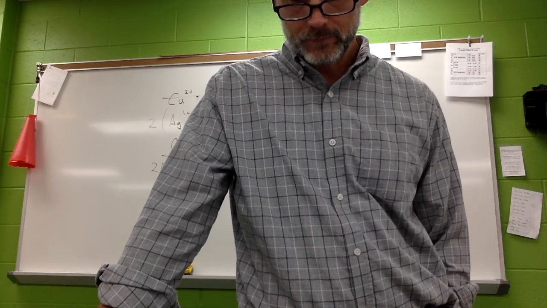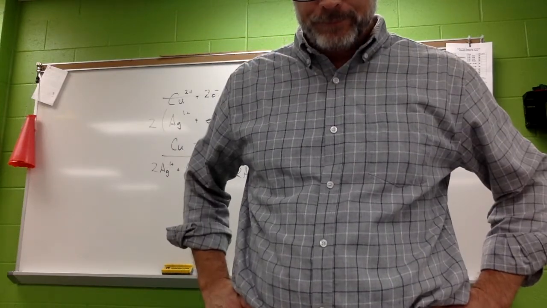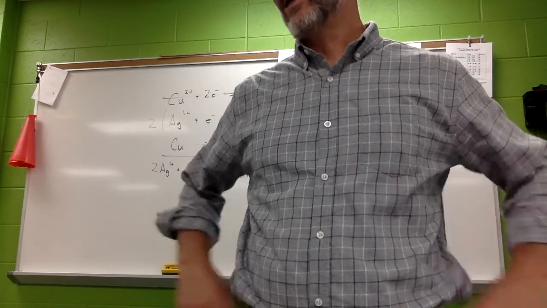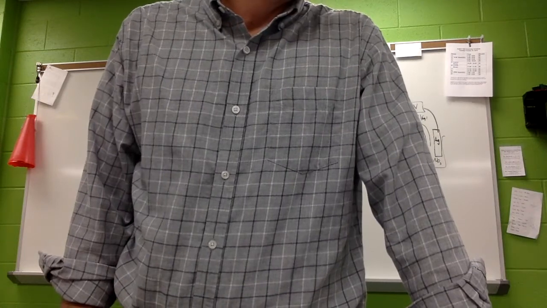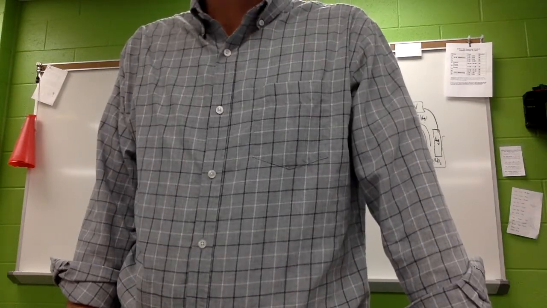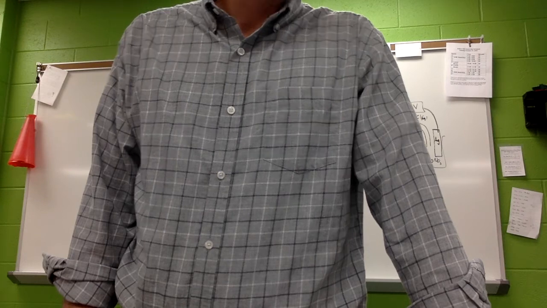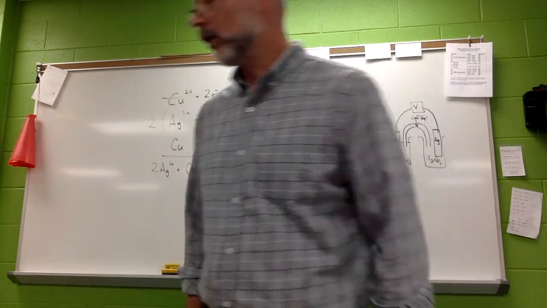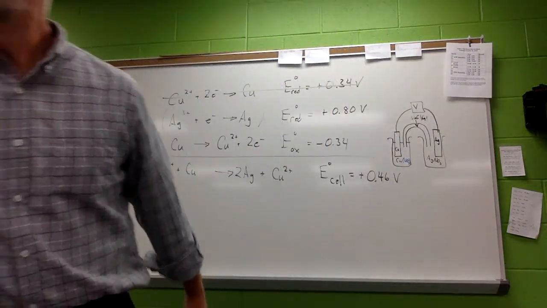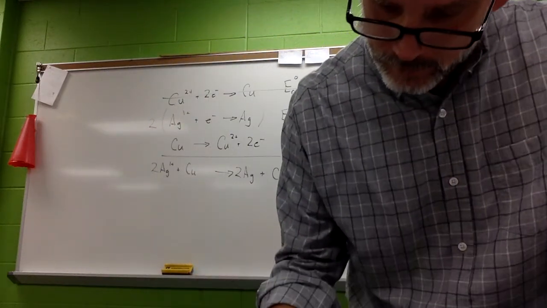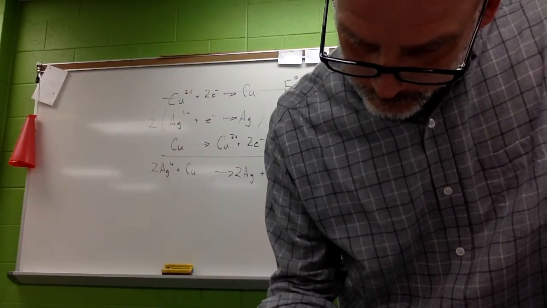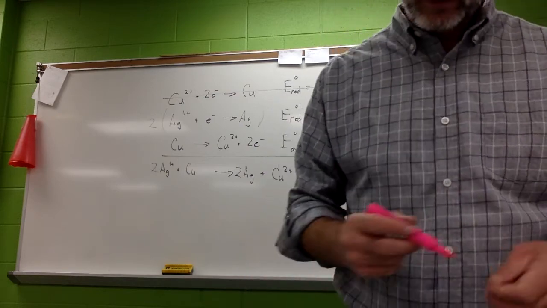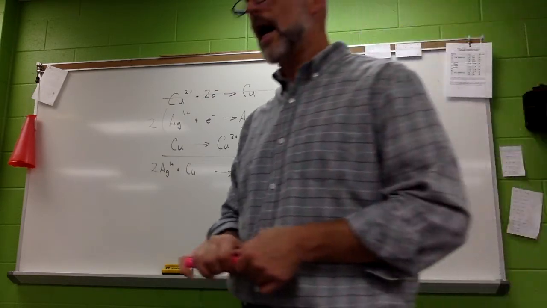I told you wrong. What I did is I gave you the answer, instead of giving you the cell potential for the silver chloride. My bad on that. The silver chloride cell is positive 0.22.